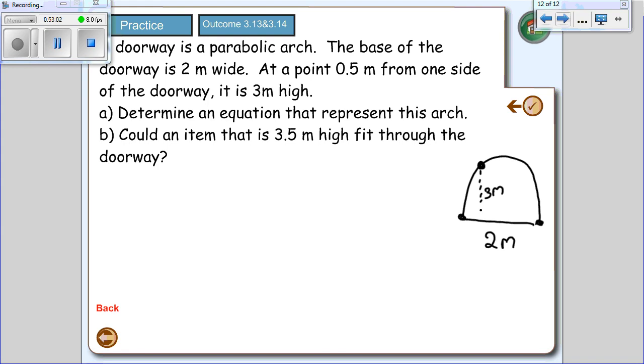Break it down word by word. A point, 0.5 from one side. So I started at a side, 0.5 meters from that side. The doorway is 3 meters high. If you read the whole thing, it sounds like a lot of mishmash. If you just work your way there, it makes a little bit more sense.